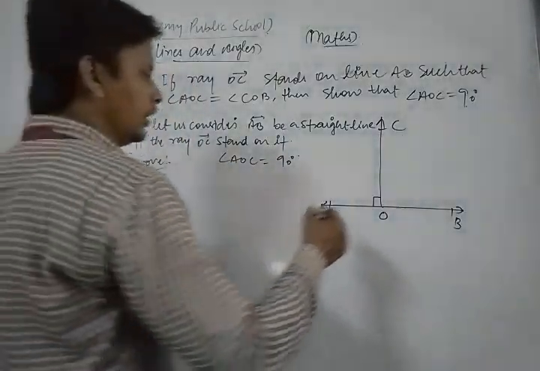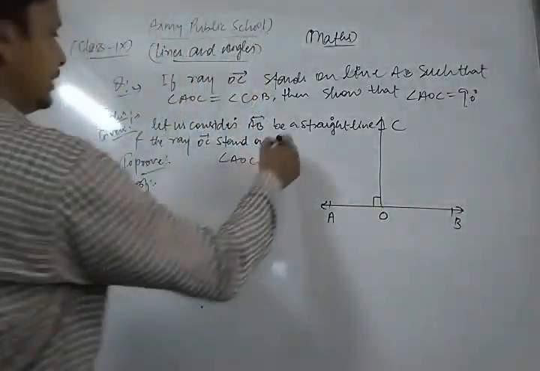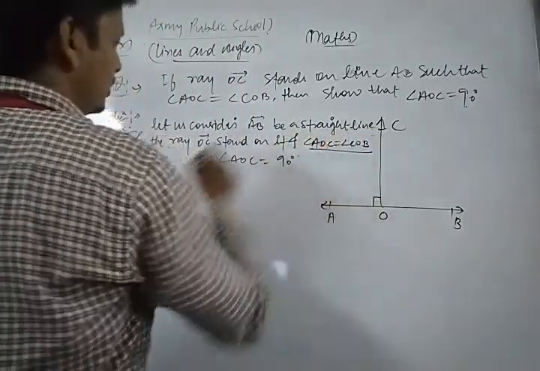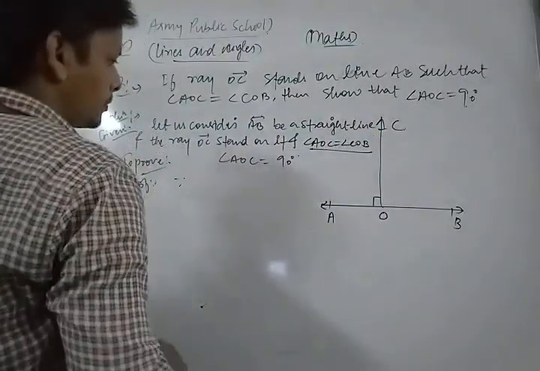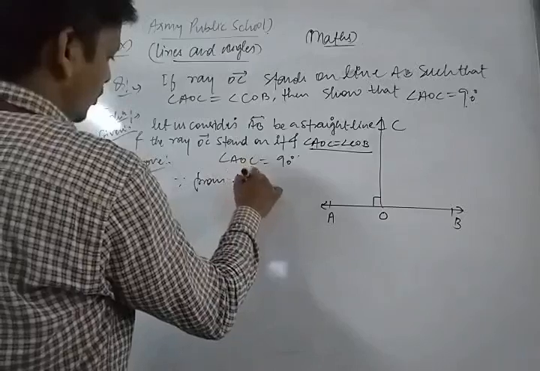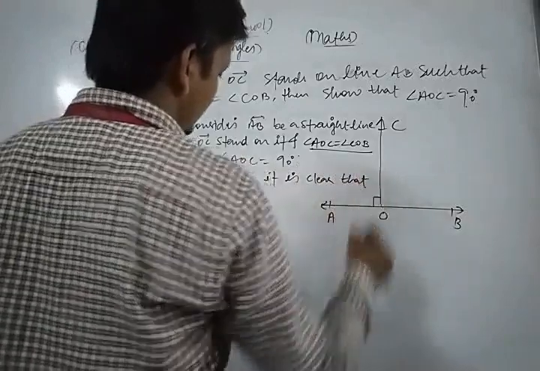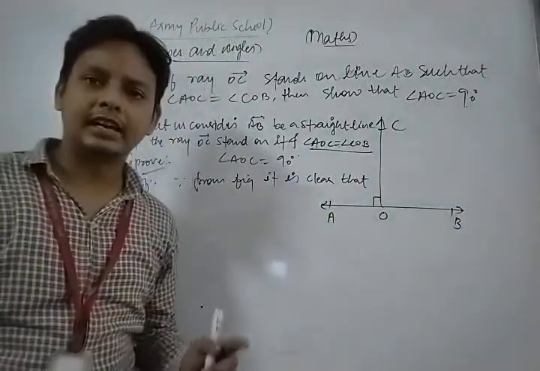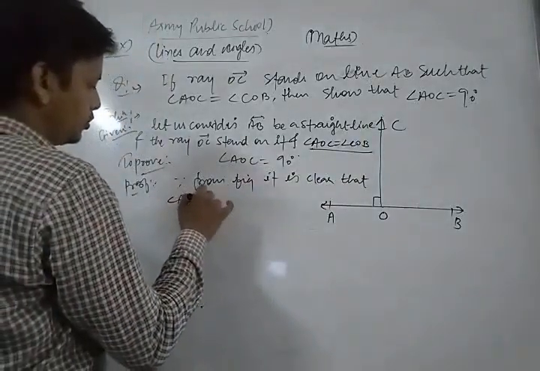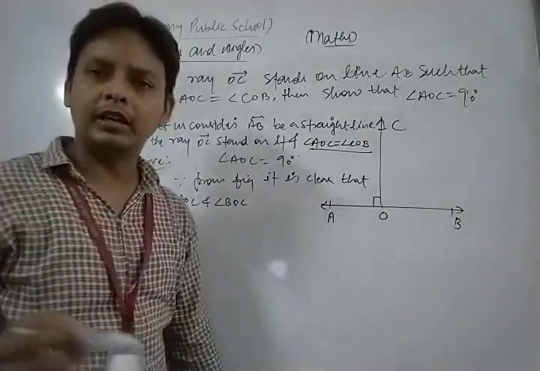Since angle AOC and BOC form a linear pair, and it is also given that angle AOC is equal to angle COB, from the figure it is clear that angle AOC and angle BOC form a linear pair.